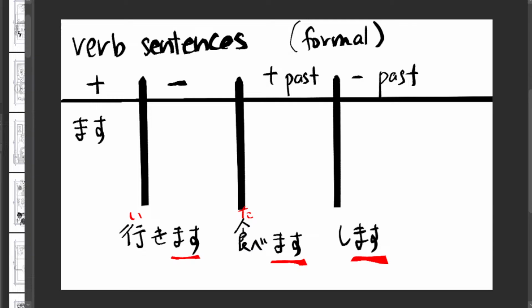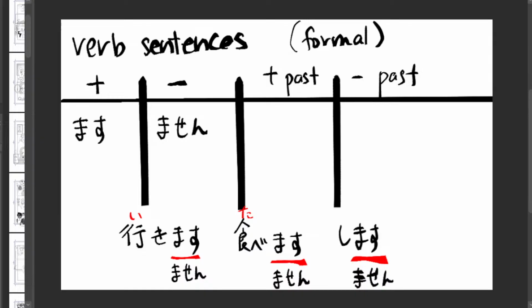To make it negative, masu becomes masen. Ikimasu will be ikimasen, tabemasu will be tabemasen, shimasu will be shimasen. It's as simple as that.